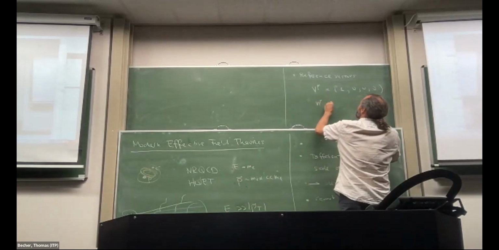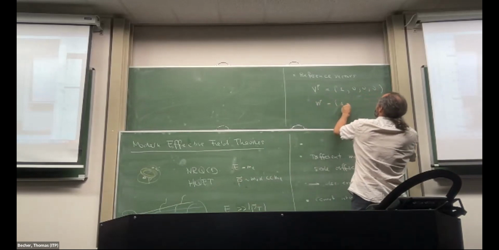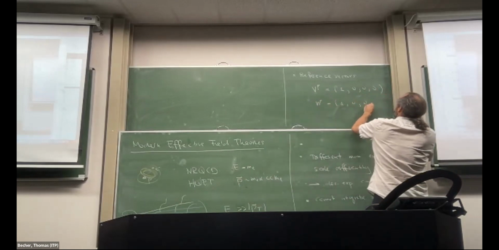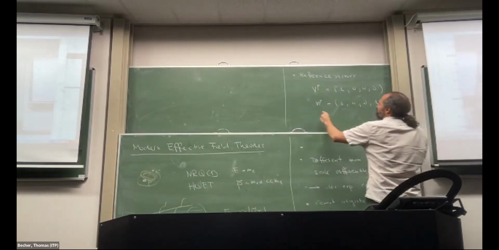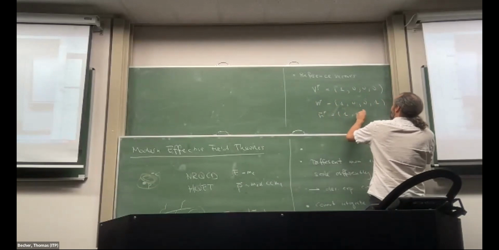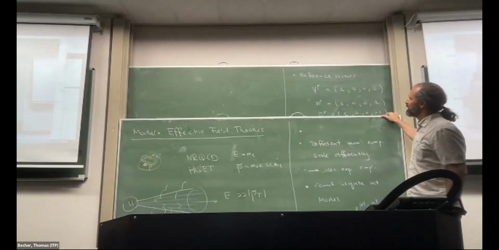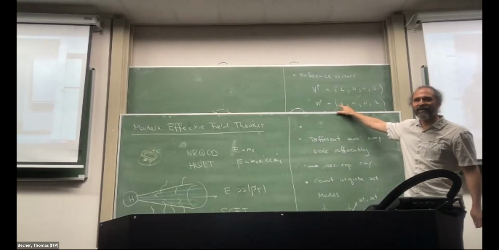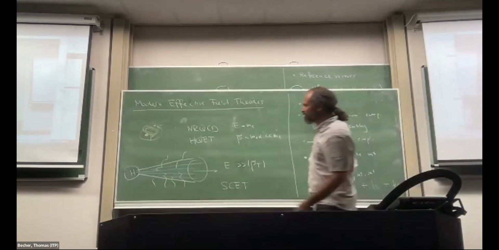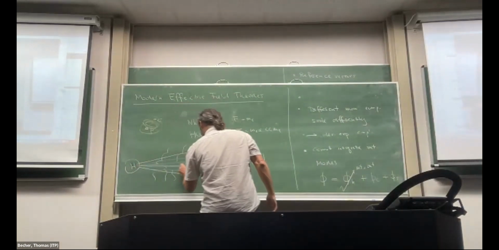And the other type of reference vectors, we already encountered them, up to the square roots of 2. So typically in this soft collinear effective theory, you will introduce a reference vector along the direction of this jet here.